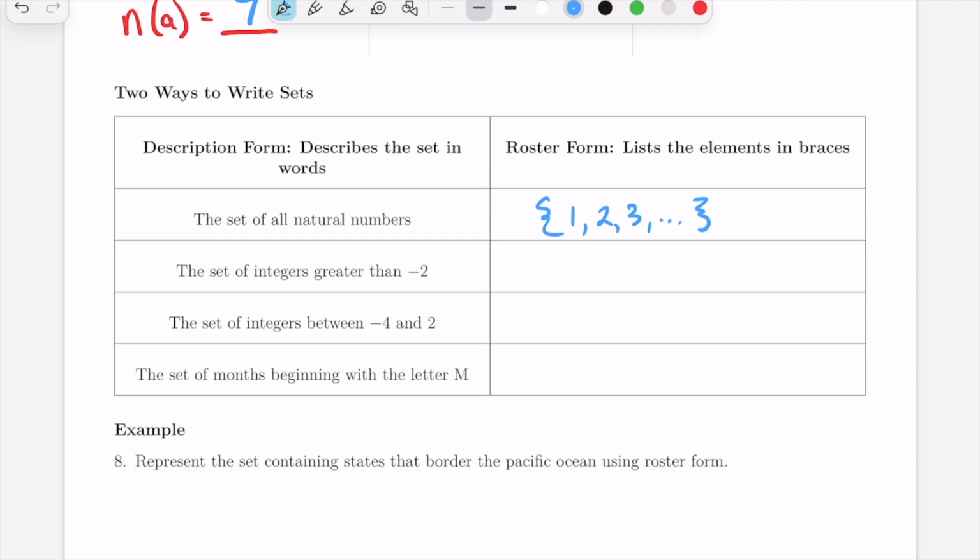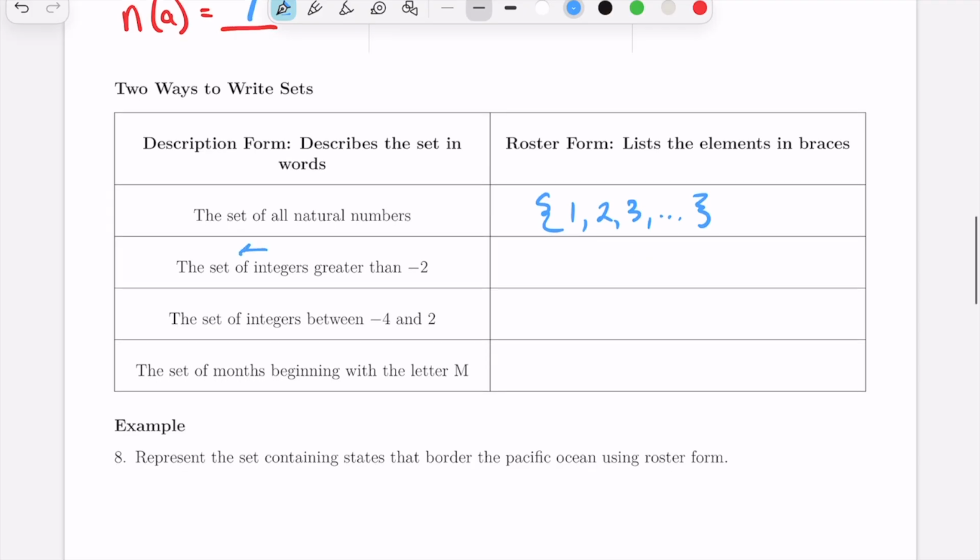What about the set of integers greater than -2? So I know that the set of integers go forever in both directions. They include the negatives and the positives. But because we want greater than -2, I can start out by writing -2, -1, 0, and I'm going to put just a couple more on here just to make sure that my pattern is very clear.